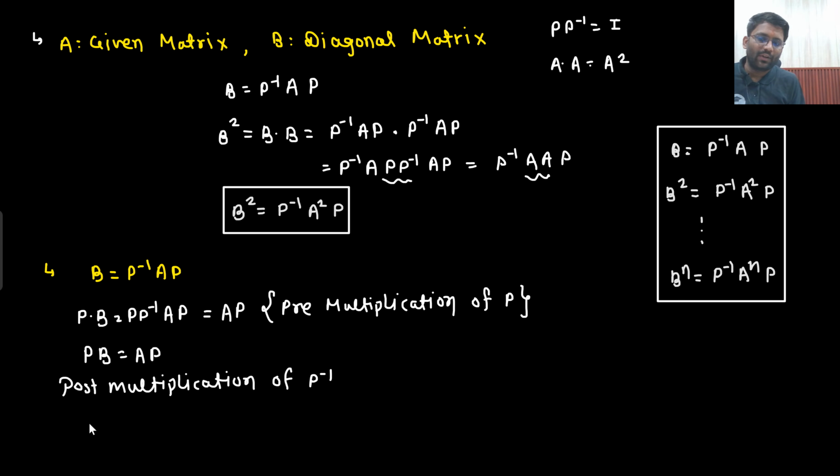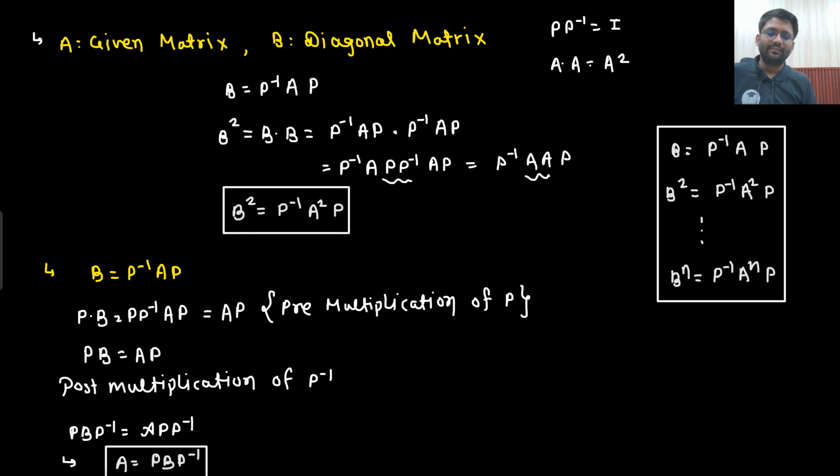P inverse will be multiplied here also, PB P inverse, and here also AP P inverse. P into P inverse will be I. So what you are getting? A is coming out to be nothing but PB P inverse. This is your matrix A. So if matrix B is given, can you write down matrix A? For sure, sir, I can write down matrix A.